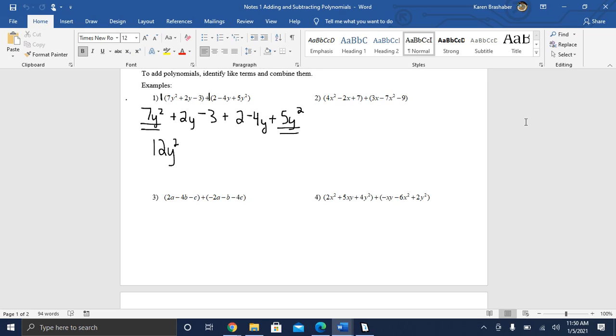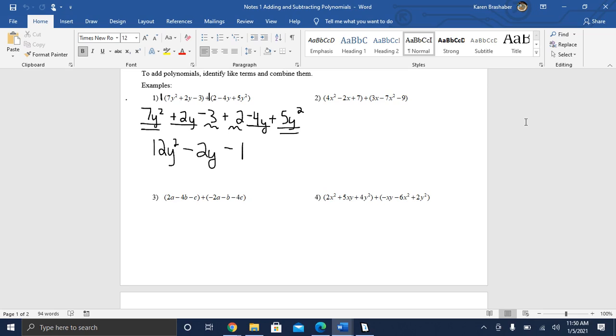Then I'll look for a like term with the y. So I have a positive 2y and a negative 4y. I'll combine those to negative 2y. And then finally, I have a negative 3 and a positive 2. I will combine those, and negative 3 plus 2 is negative 1.